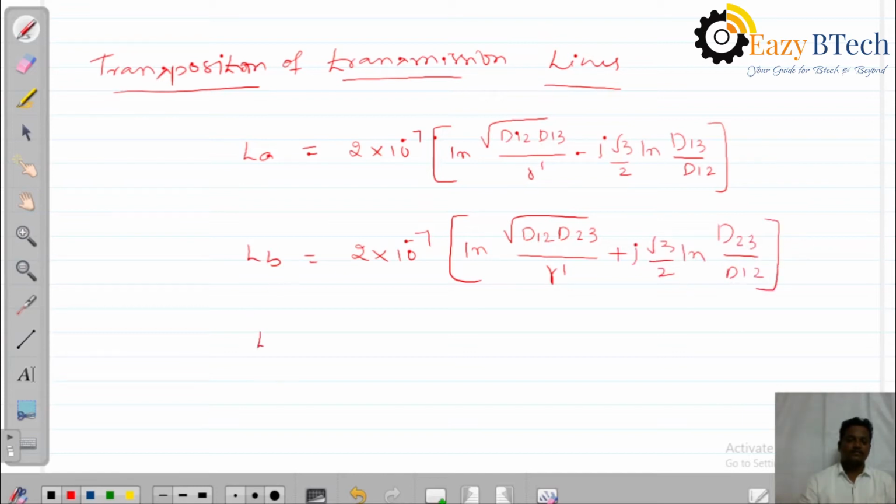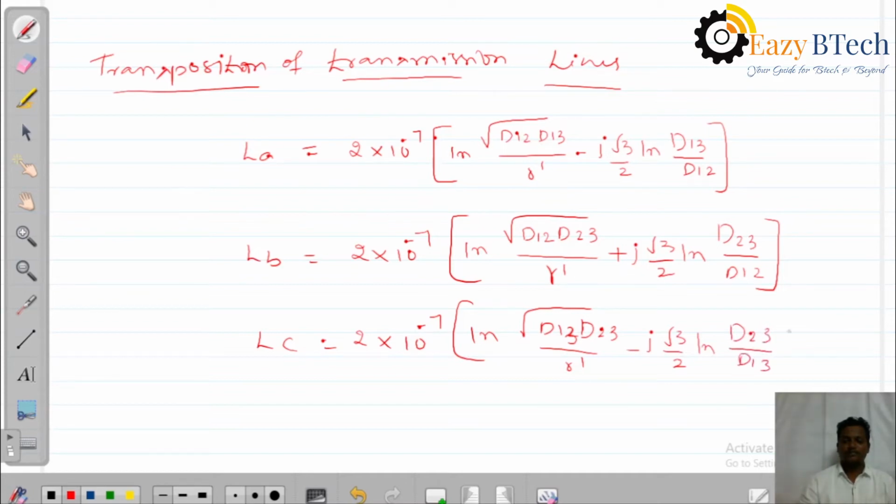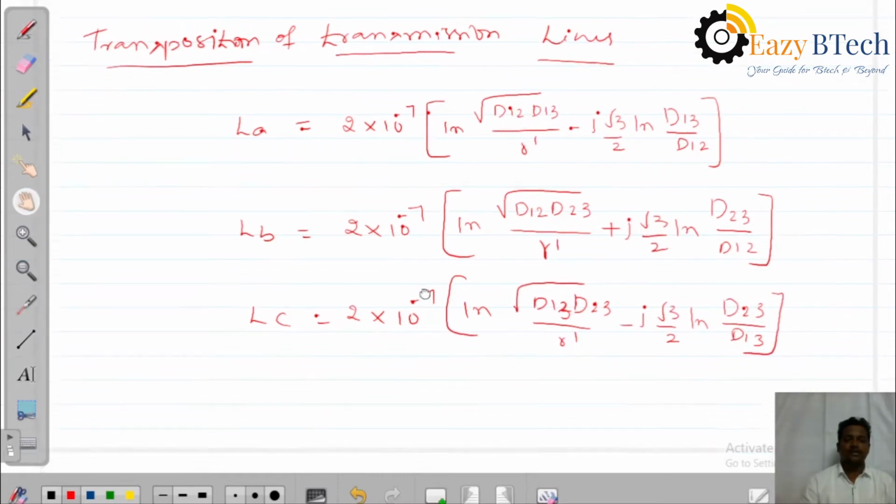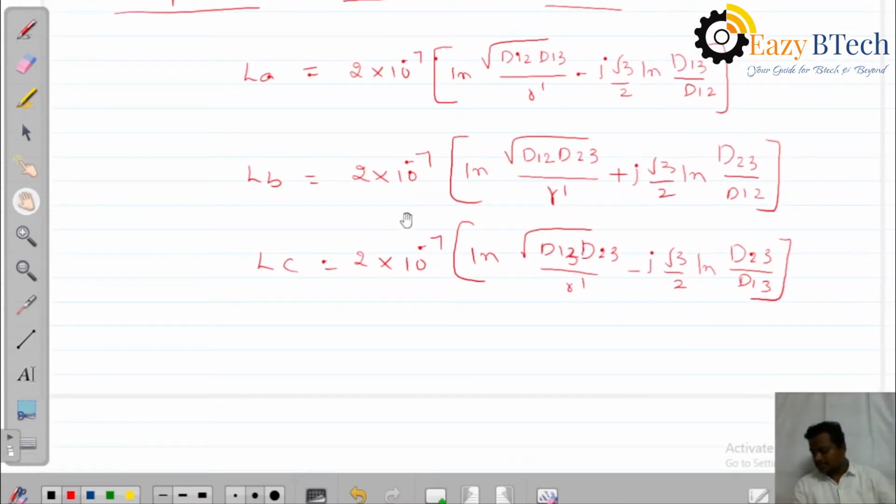For the third phase, 2 into 10 power minus 7 ln root d13 d23 divided by r dash minus j root 3 by 2 ln d23 by d13. Okay, these are the equations of inductances for the three phases.